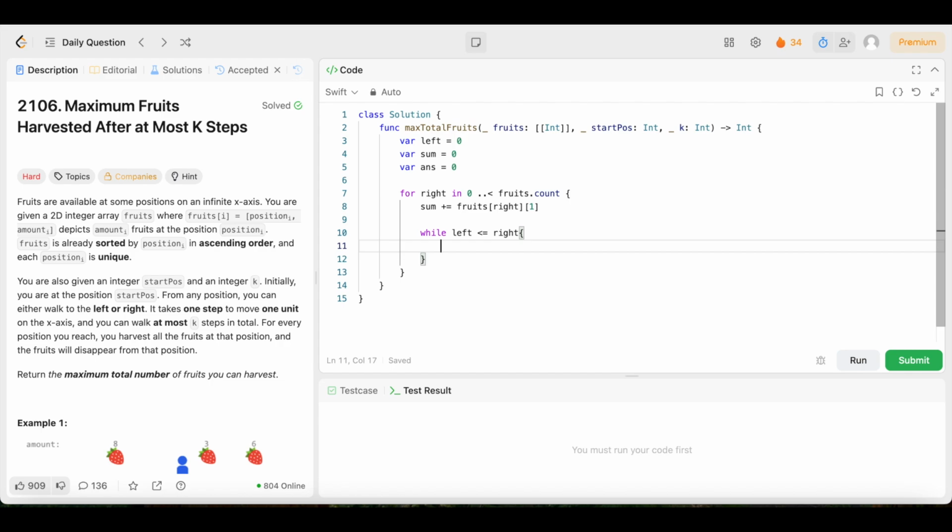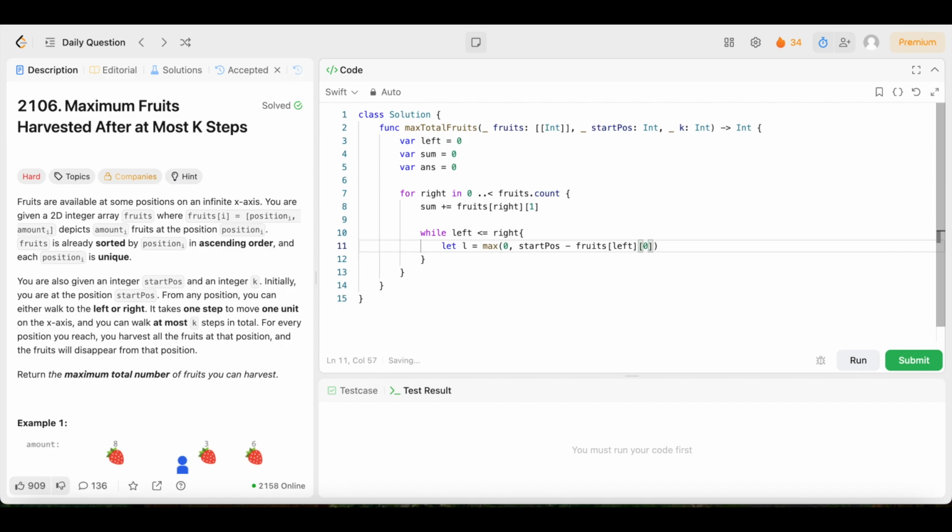So we could say let L equal max(0, startPos minus fruits[left][0]).